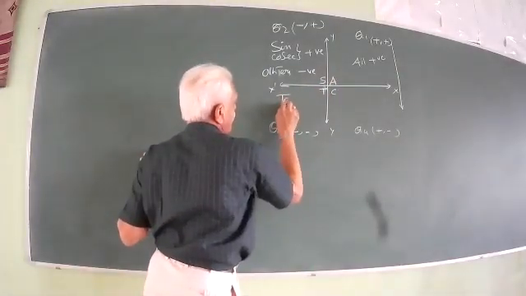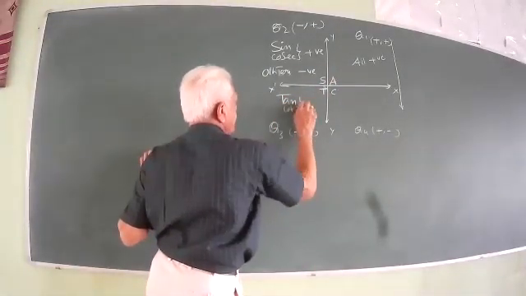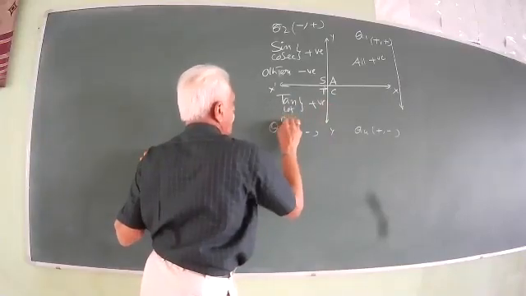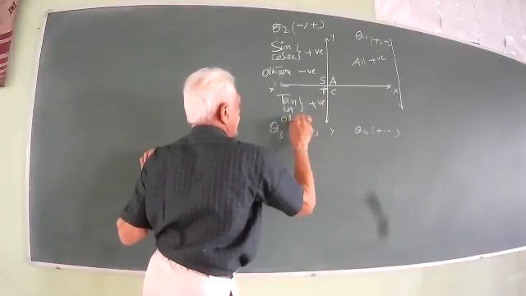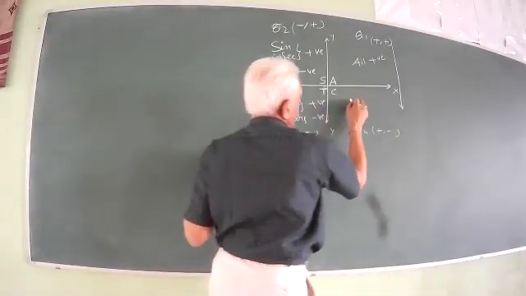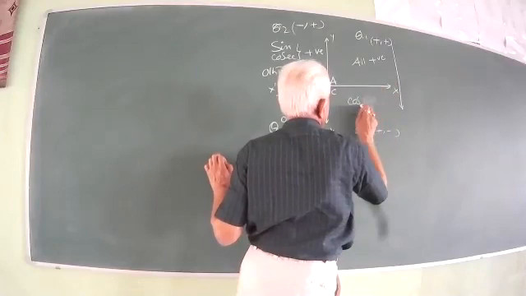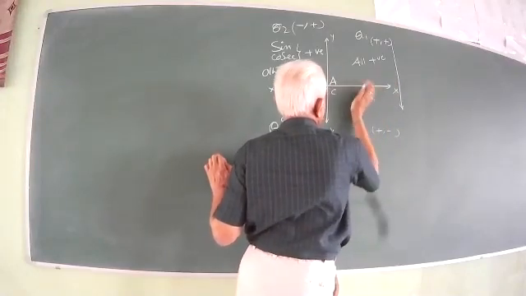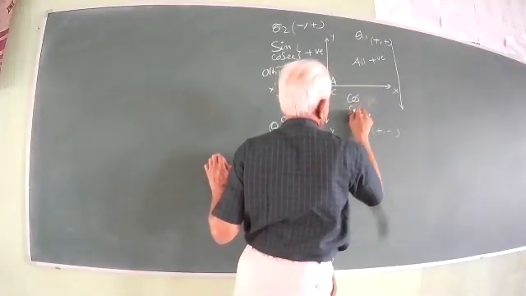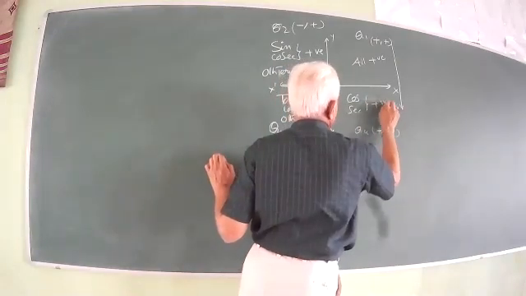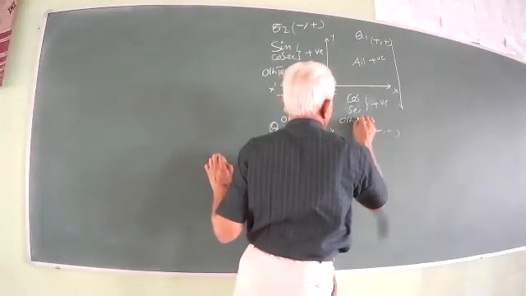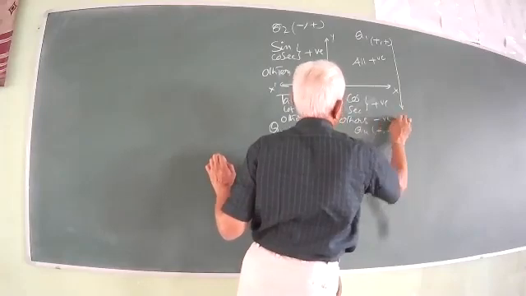Here, tan and cot are positive, others negative. Cos and secant are positive, others negative.